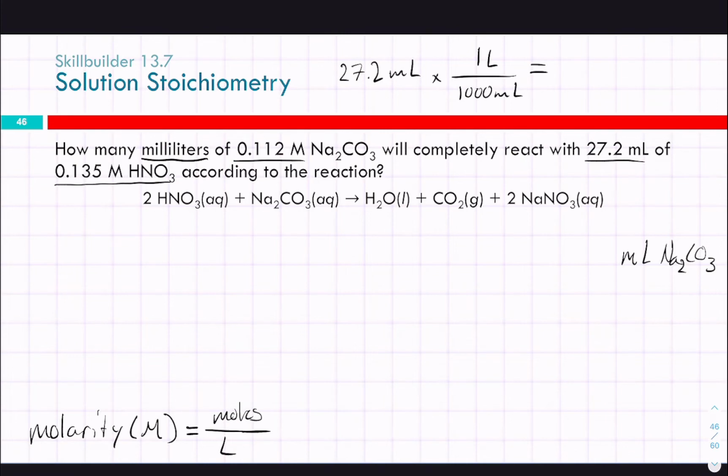So let me try asking this question. We're going to be getting liters of Na2CO3 first, and then we'll have to convert liters into milliliters. What piece of information would we need to calculate how many milliliters of sodium carbonate we would need?